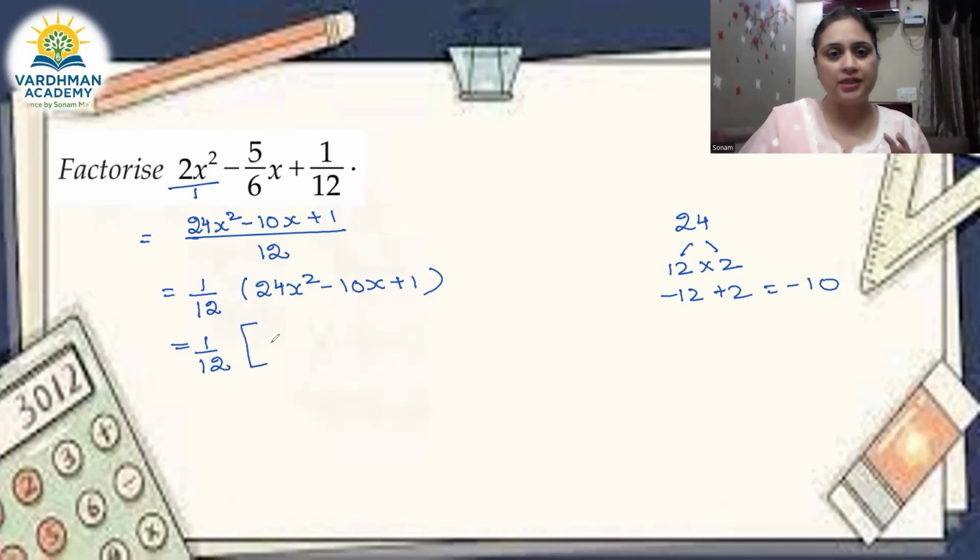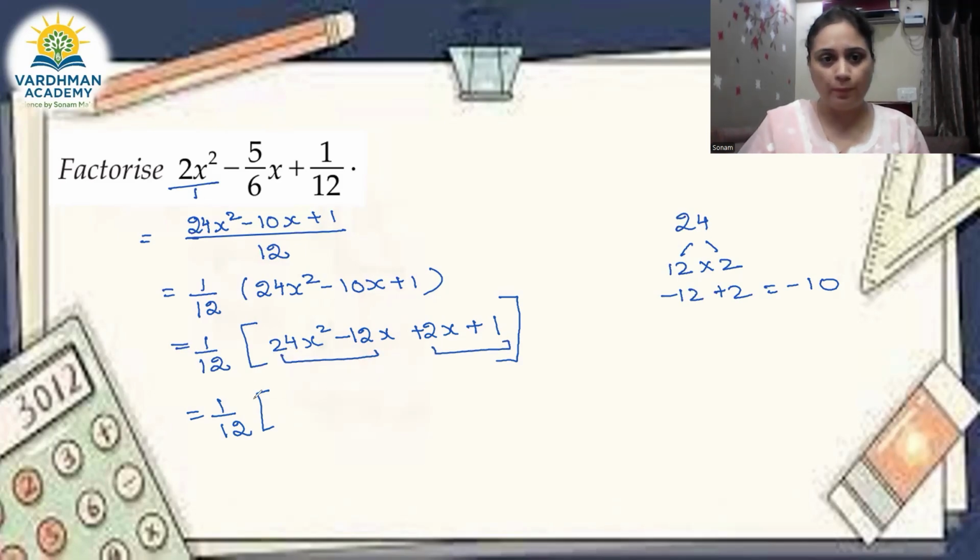So how are we going to write it? 24x square minus 12x plus 2x plus 1. Right, children? We have plus 1, sorry, not 2 here. So you will take 1/12 outside. Now you will do the grouping part and then take out common. So you will take out 12x as common.